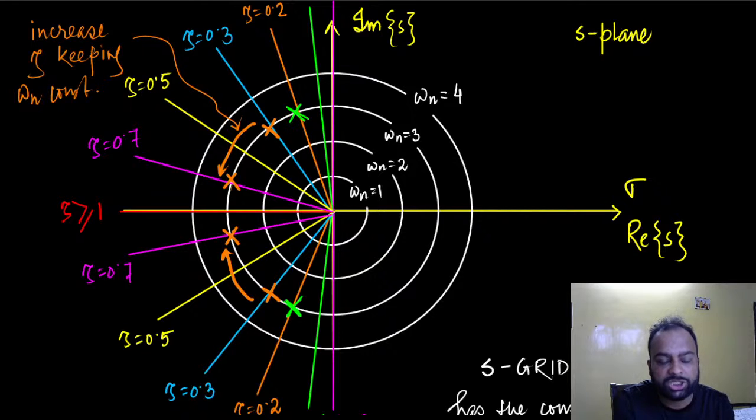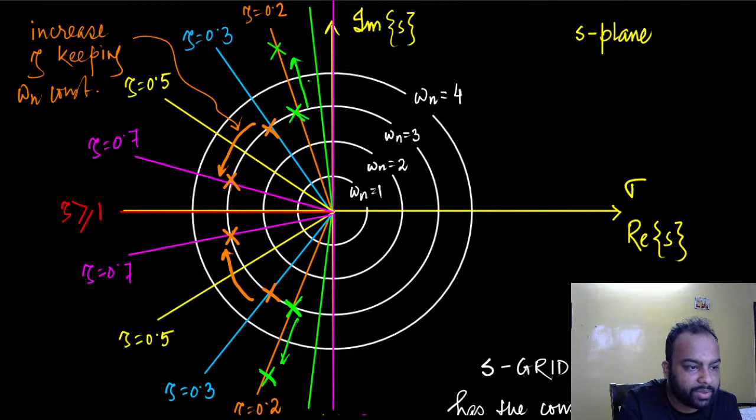If I want to increase the undamped natural frequency without changing the damping ratio, I would pull the poles along this, somewhere here. The damping ratio has remained the same, but the undamped natural frequency has increased.